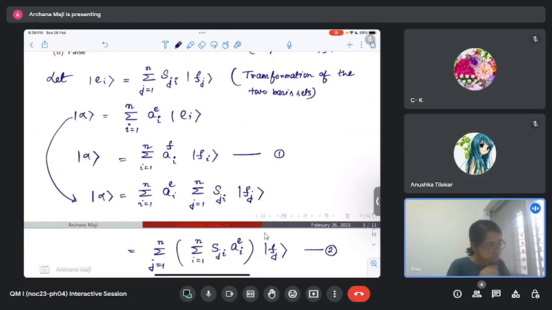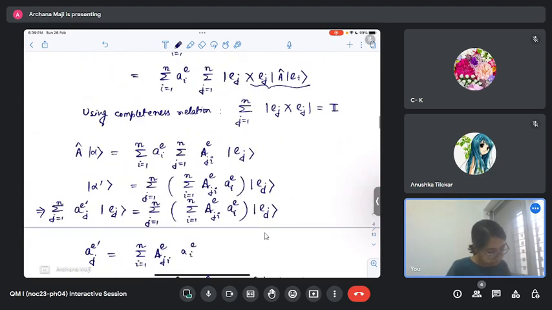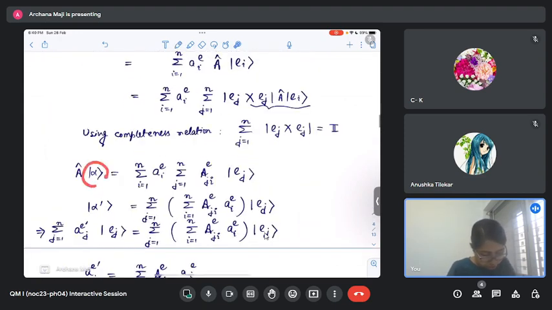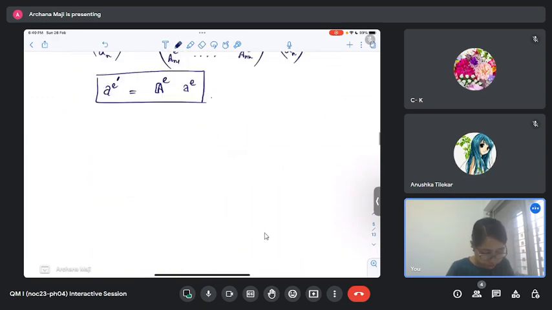Okay. Now, just like we got this using alpha in E basis, we can similarly do the same thing again.